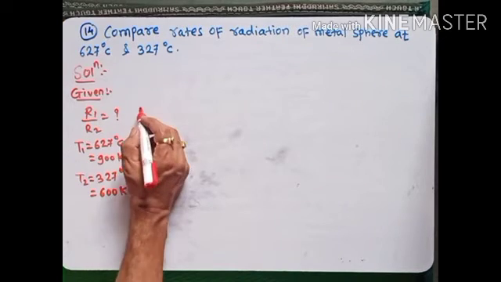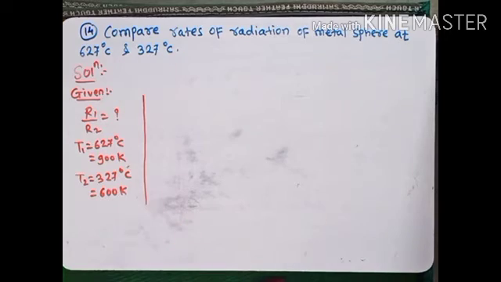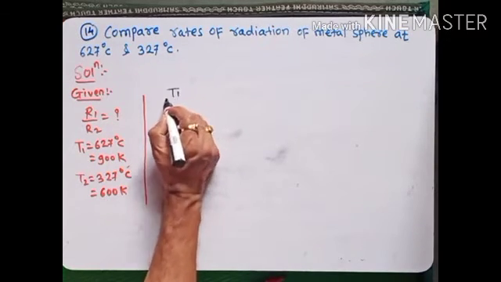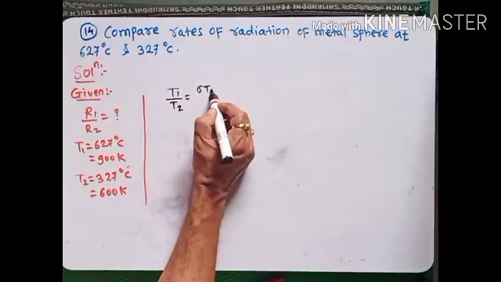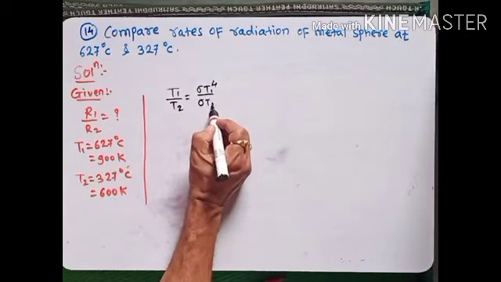Now we have to compare the rates. Now R1 upon R2 equal to sigma T1 raised to 4 upon sigma T2 raised to 4.